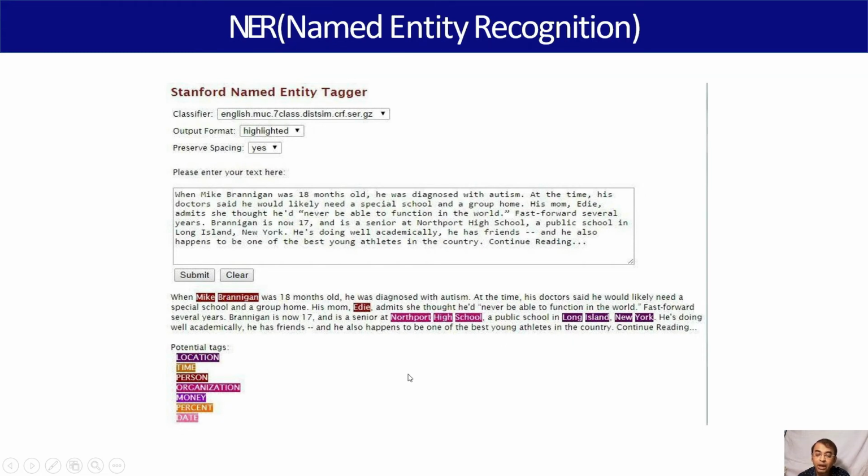Then we have Mike, so this is basically a person. By this way you can understand the names. So machine learning helps to recognize names from a text.